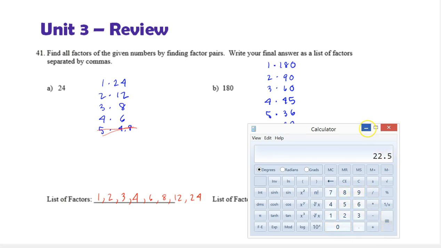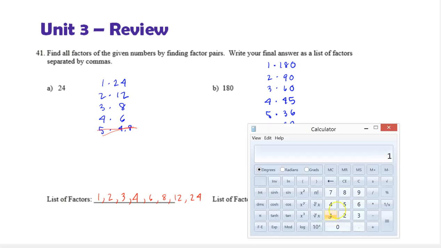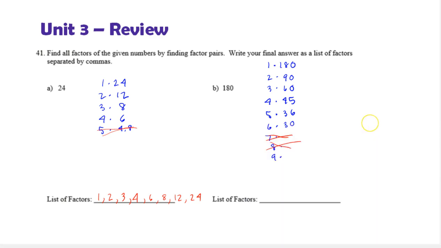There's a decimal, so no. Let's try 9. So 180 divided by 9 is 20, so those are factors. Let's go up here. 10. 180 divided by 10 is 18. You can check that on your calculator.